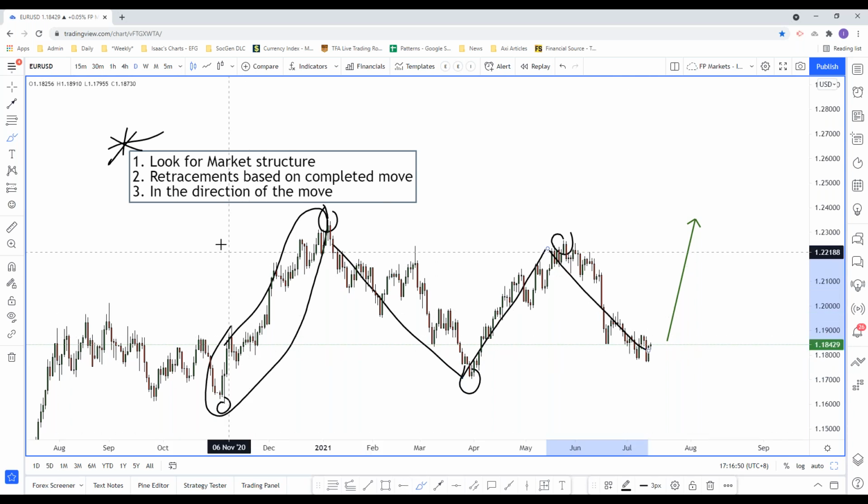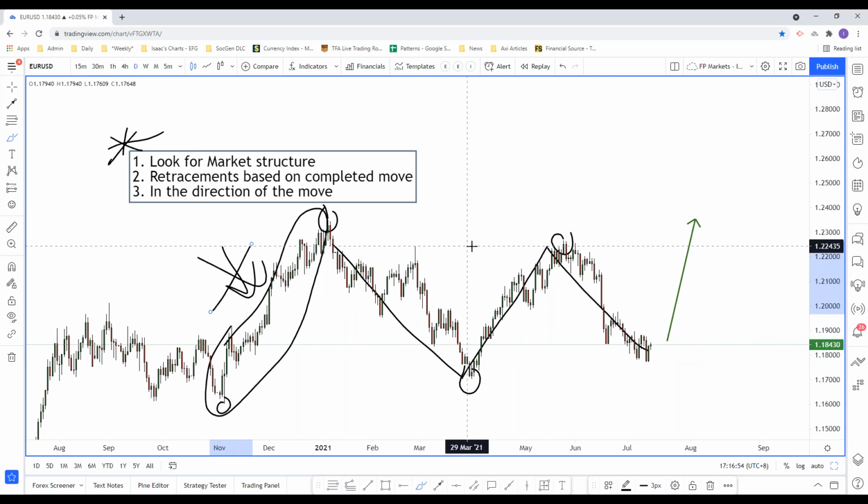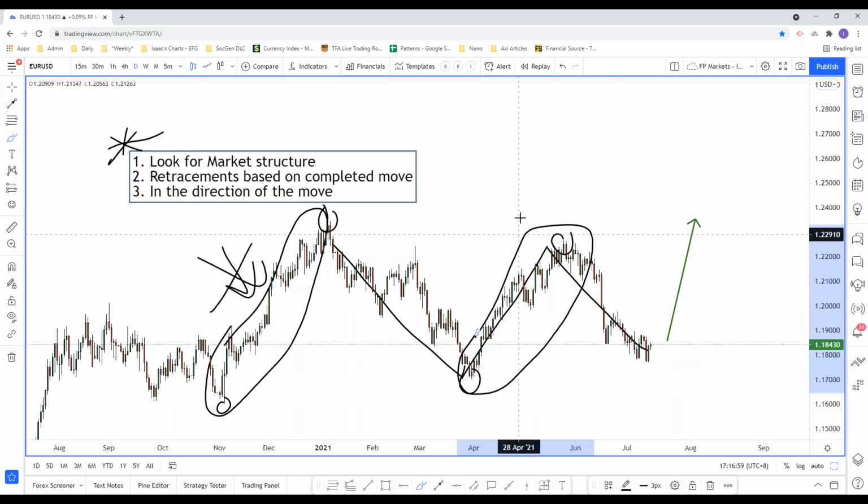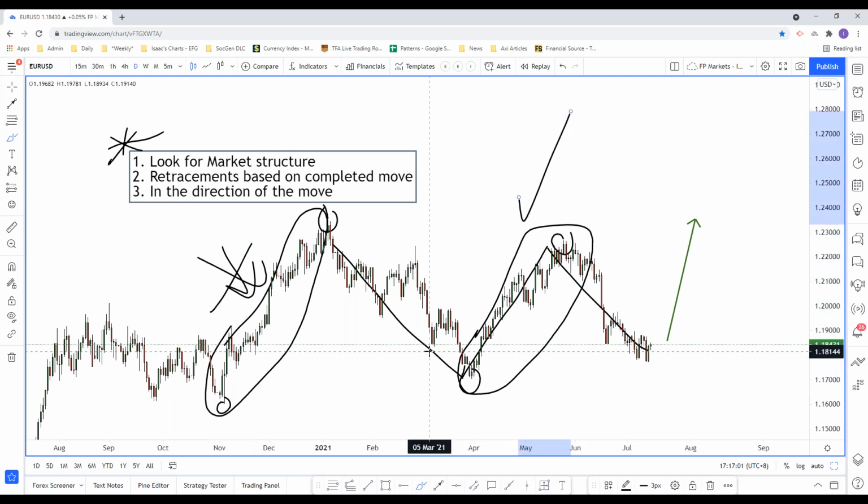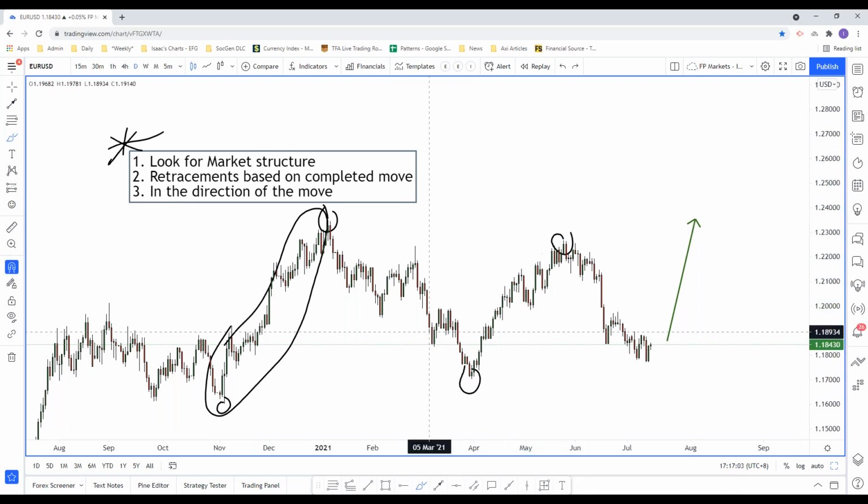So this area is a useless area for drawing Fibonacci retracement. We want to draw on the last completed move, which is this area over here. So this area is the correct one. Retracement on the completed move, and then finally we draw in the direction of the move.